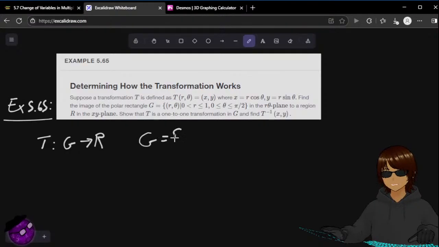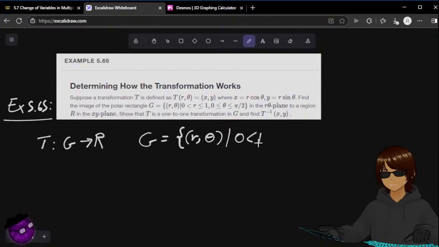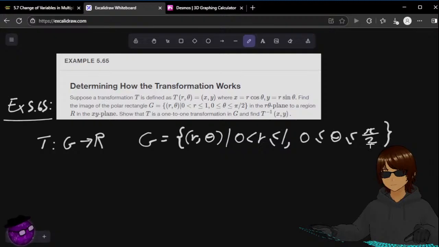If G is equal to (r, theta) with r from 0 to 1 and theta from 0 to pi over 2, then in R, all the r values go to x, right? And all the theta values go to y.